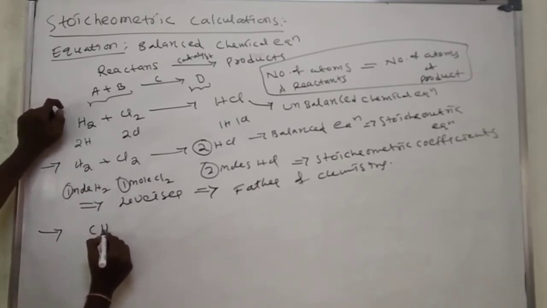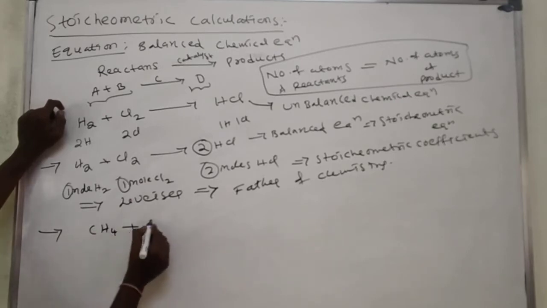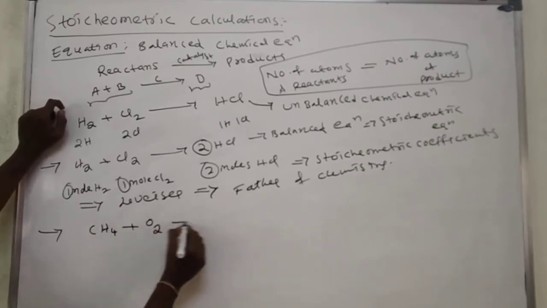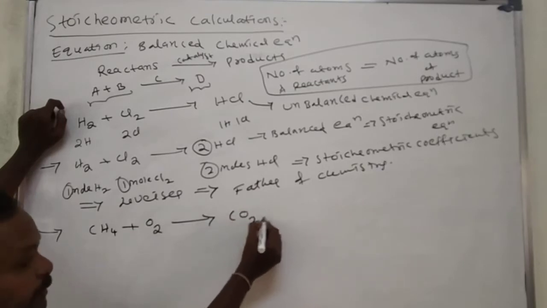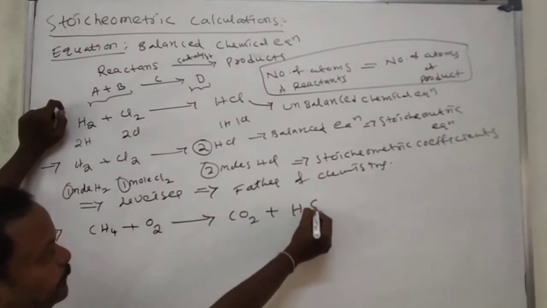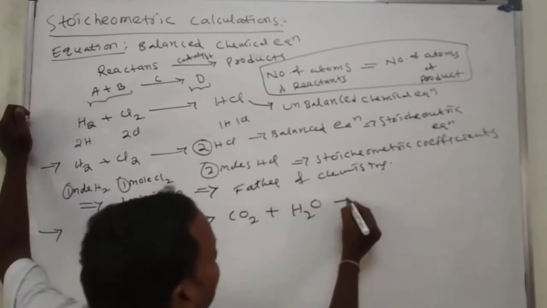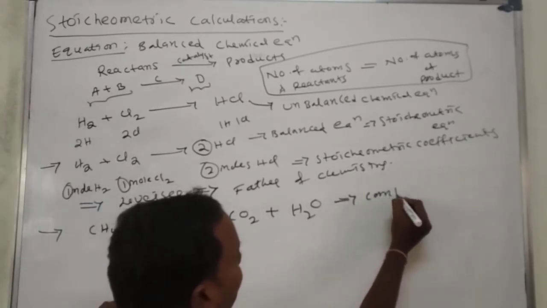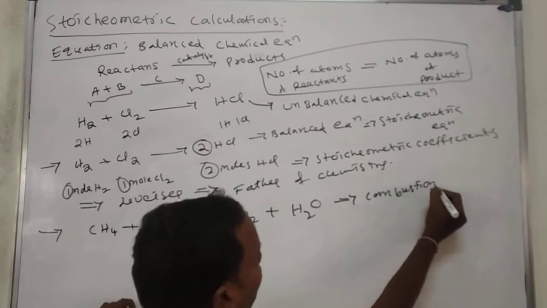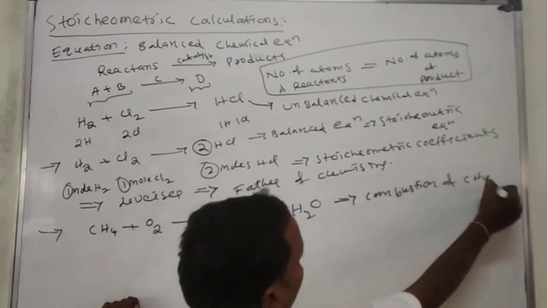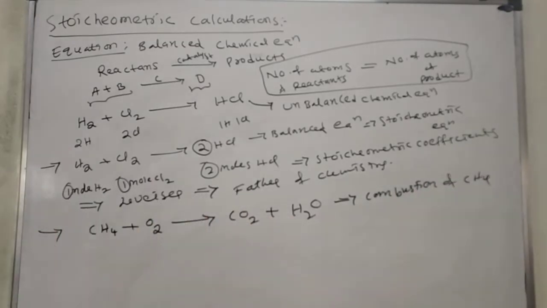Here I am taking CH4, methane, reacting with oxygen and forming carbon dioxide and water. This is the unbalanced equation. This we call combustion of methane. What is the meaning of combustion?